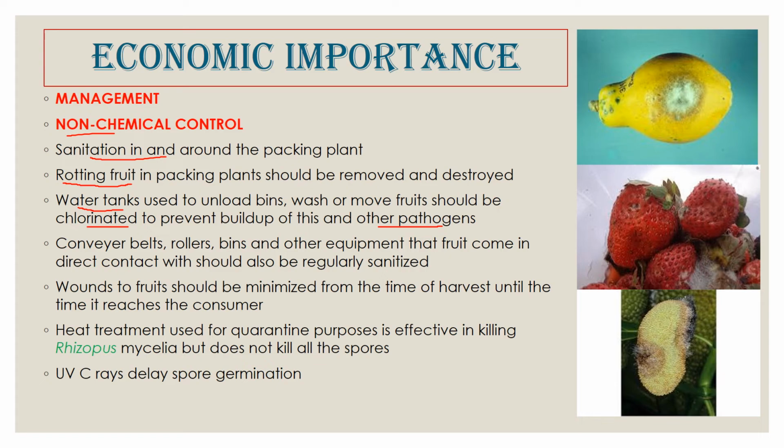The equipment that comes in contact with the fruit, for example the conveyor belt, the rollers, the bins, should all be regularly sanitized, and there should be an effort to reduce the number of wounds, because Rhizopus can enter only through these wounds.